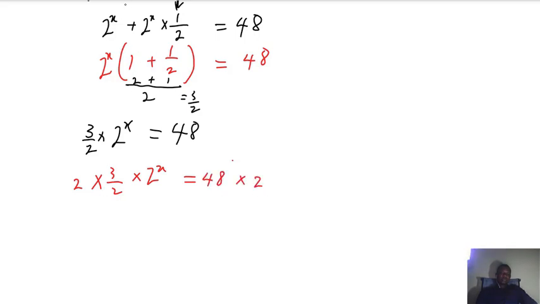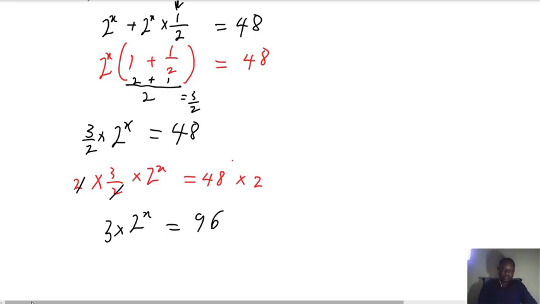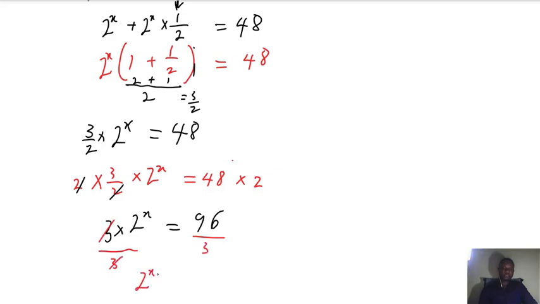The 2s cancel, so we have 3 times 2 exponent x equals 96. Because we have 3 attached to 2 exponent x, let's divide both sides by 3. The 3s cancel, so we have 2 exponent x equals 96 divided by 3, which is 32.